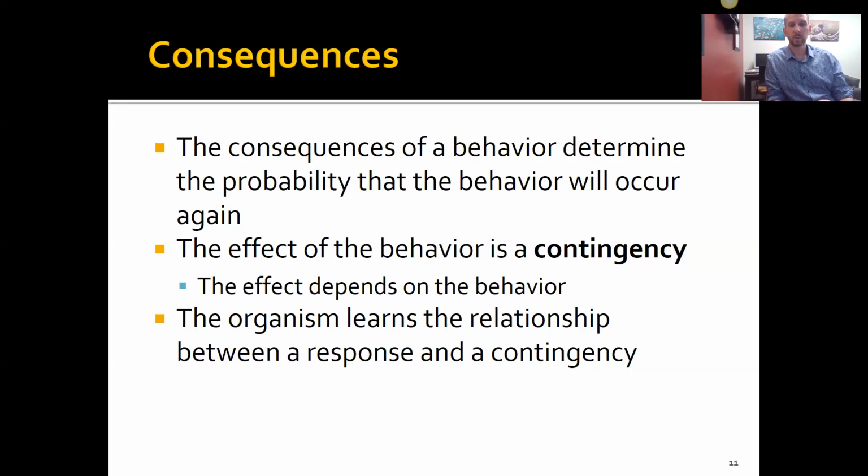And you could think about it as a contingency, which is just a fancy way of saying an if-then. If I do this, then this will occur. If I scratch a cat's ears, the cat will start purring. That's a contingency. And what the organism is learning is this relationship between a response and a contingency, or again, a response and a consequence.